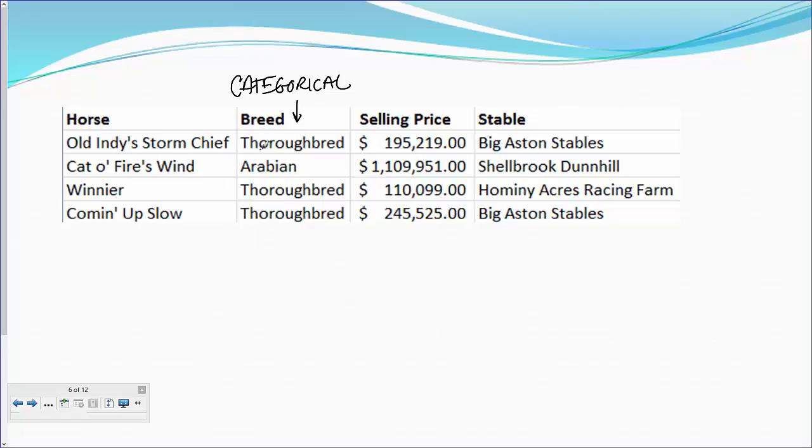So you fall into one of these categories. Whereas this variable is a quantitative variable. A lot of people recognize quantity as being a number. So this one over here again falls into the categorical variable.